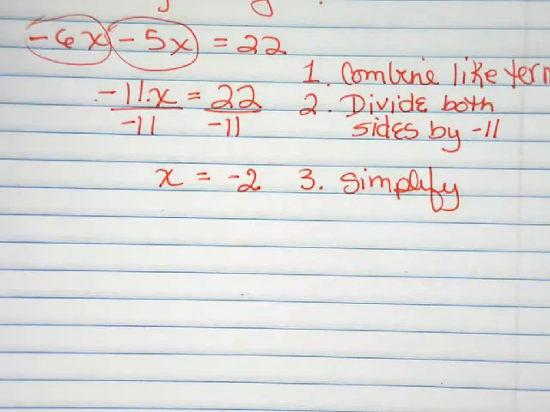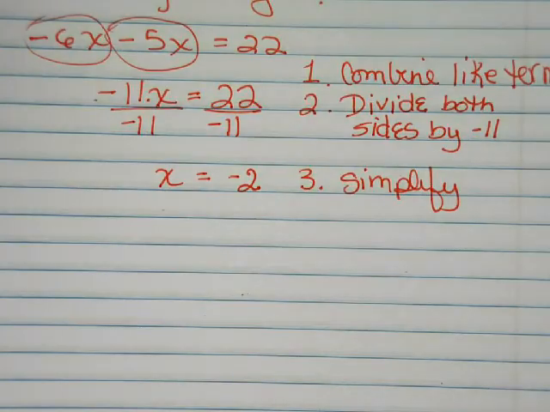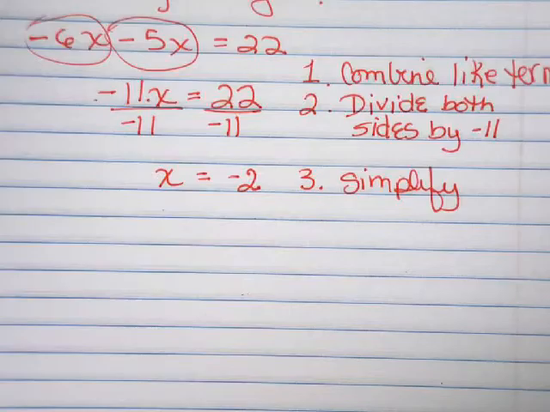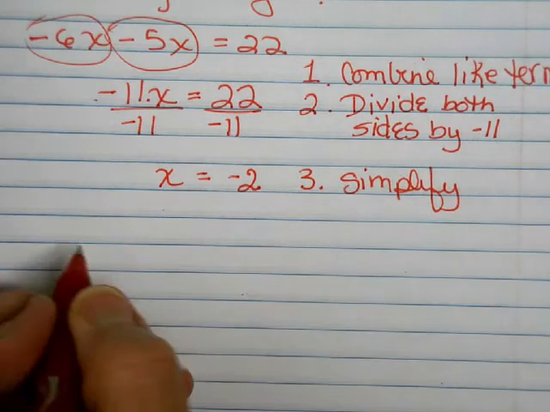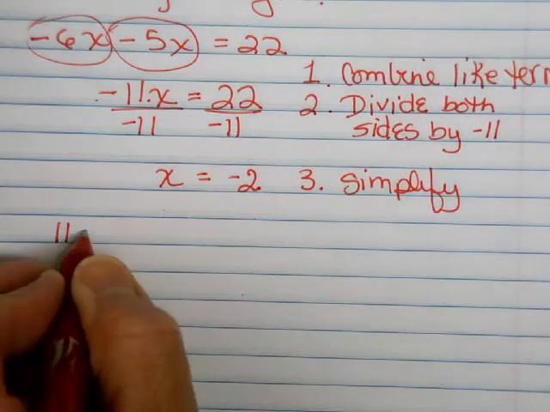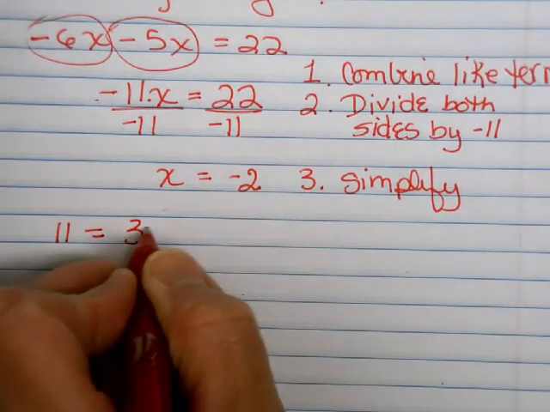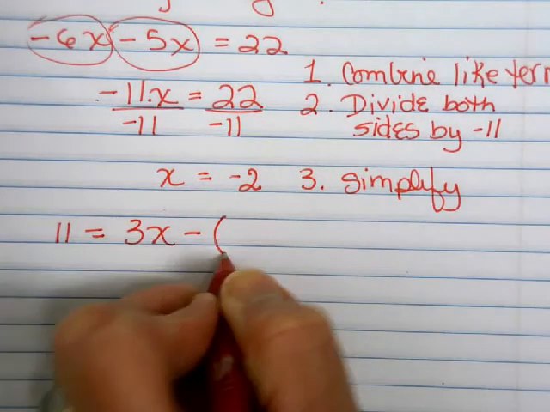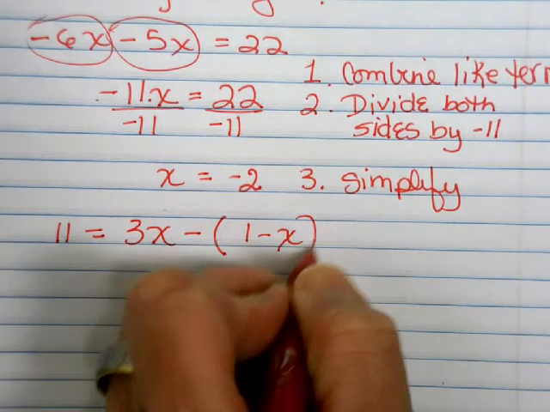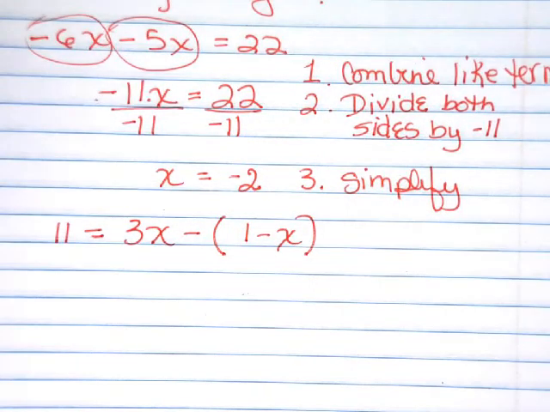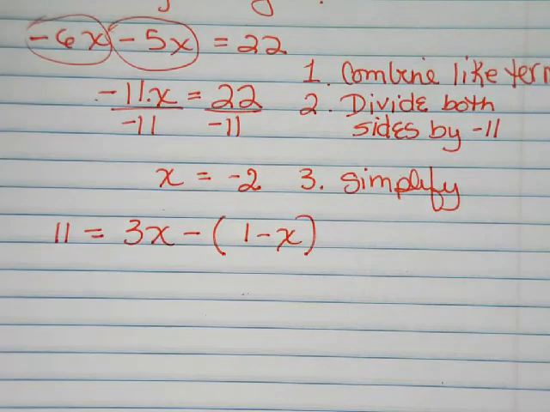Now, the homework looked pretty simple. So they're not going to have distributive on the homework, but I probably will have it on your warm-up because I need you to have exposure to it. What I'm talking about is, what if I have 11 equals 3x minus the parenthesis 1 minus x? First of all, the x's are on the right side.